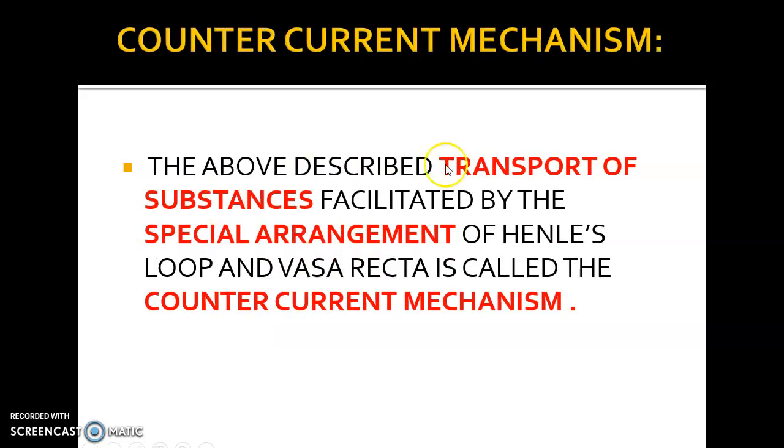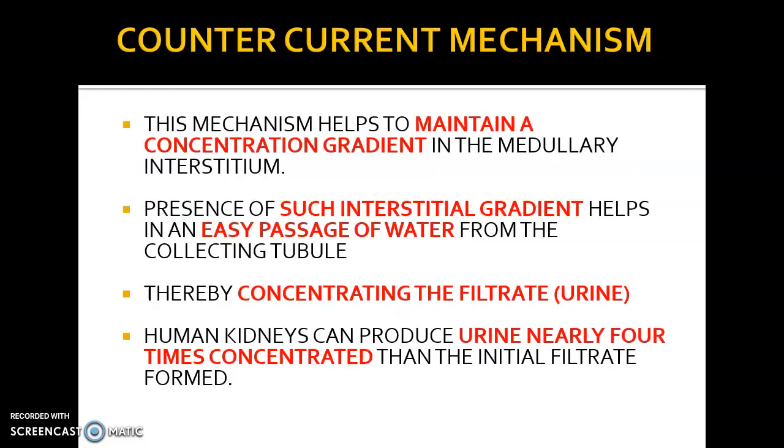The above described transport of substances facilitated by the special arrangement of Henle's loop and vasa recta is called the counter current mechanism. You could see that there is a counter current movement of substances in both the Henle's loop as well as the vasa recta. Right? This mechanism helps to maintain a concentration gradient in the medullary interstitium.